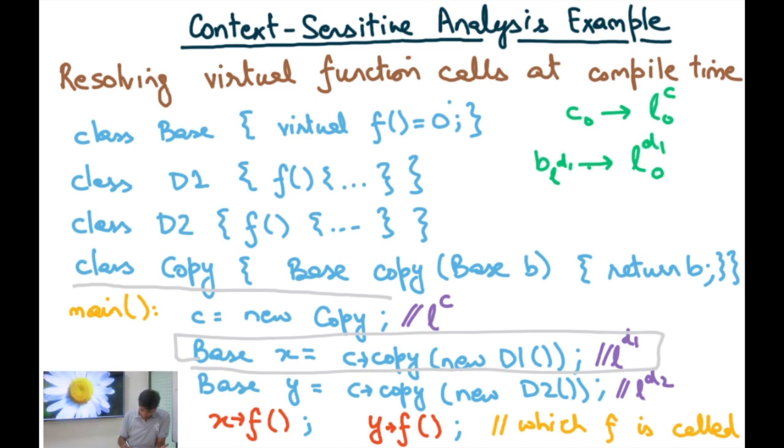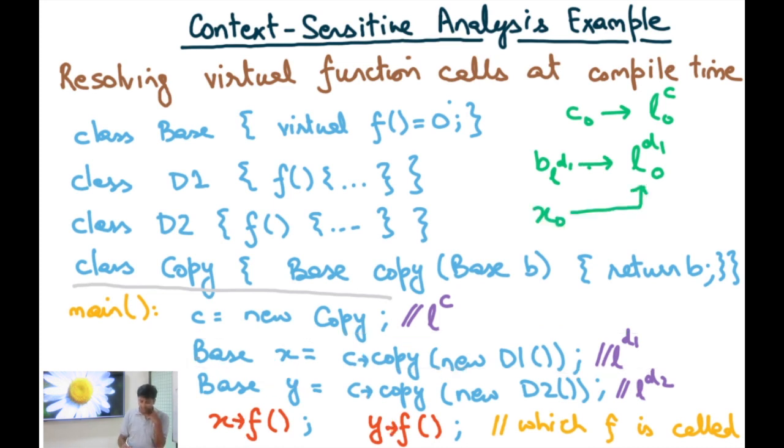All right. Now, when the function copy gets called, it just simply returns B. B was already pointing to LD10. So this return value gets copied to X. And X is being analyzed in the call context of main, which was 0. So we draw another edge, because at return time we apply the copy rule, since the return value gets copied back to the call site in the return register.